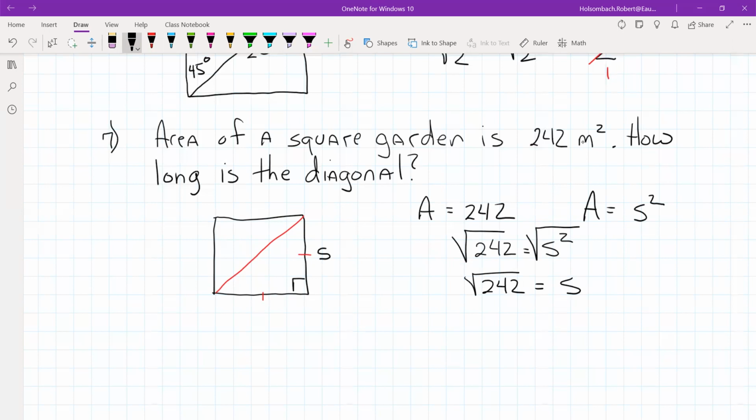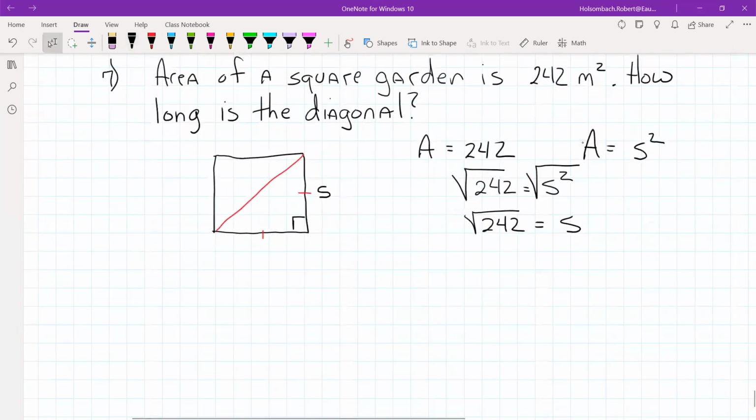So let's simplify this 242. 121 goes twice.